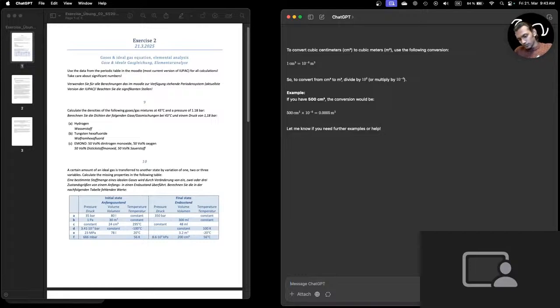Volume has increased with pressure being decreased.